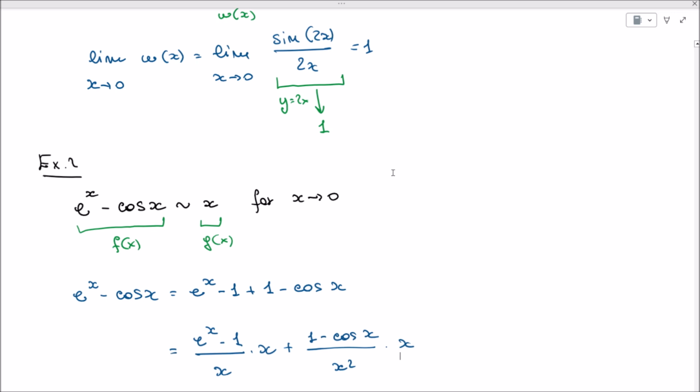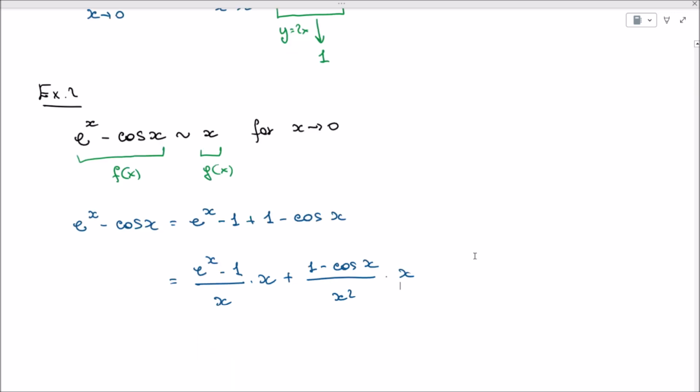And we did just this because we recognize now that, sorry, this is x to the square, okay? And we see here that we can rewrite this as (e to the x minus 1) divided by x, I will be factoring out 1 x here, plus (1 minus cosine of x) divided by x to the square times x, all this multiplied by x.